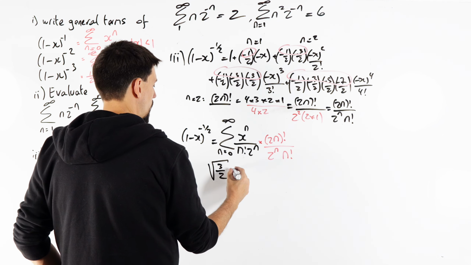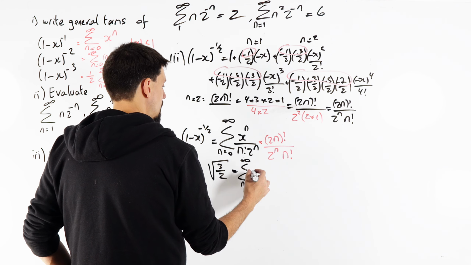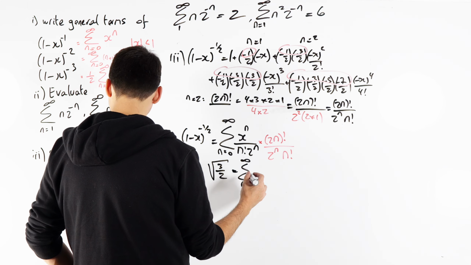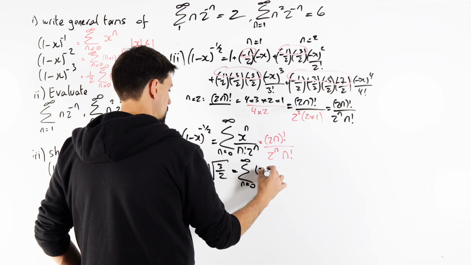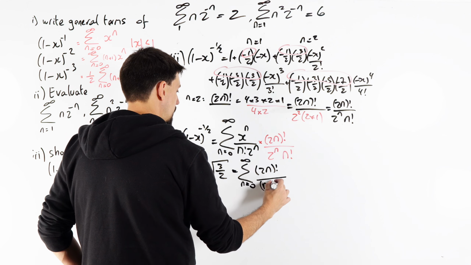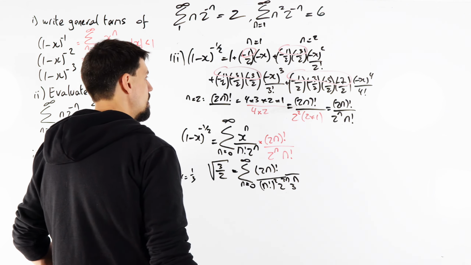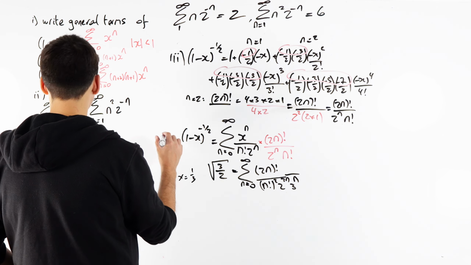Reciprocate, take a square root, is the sum from n to infinity of 2n factorial over n factorial squared, 2 to the 2n, 3 to the n. Isn't that a result we all wanted to know about?